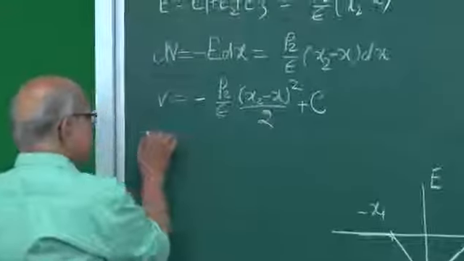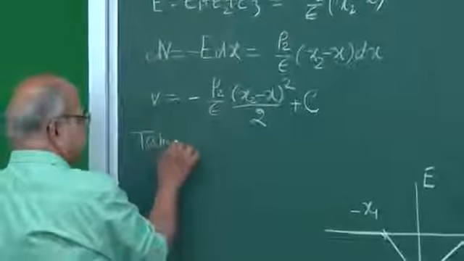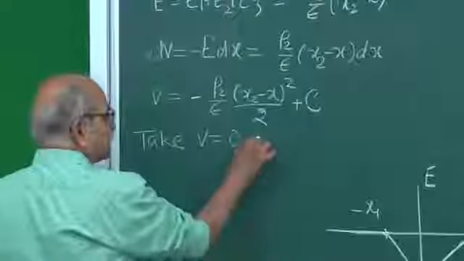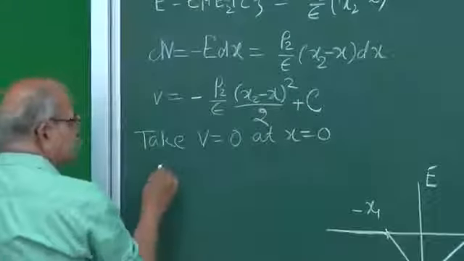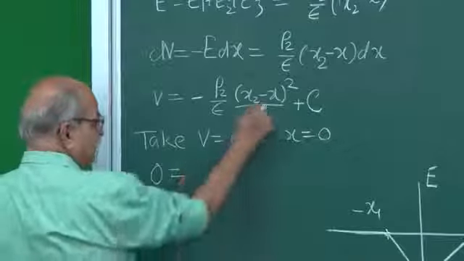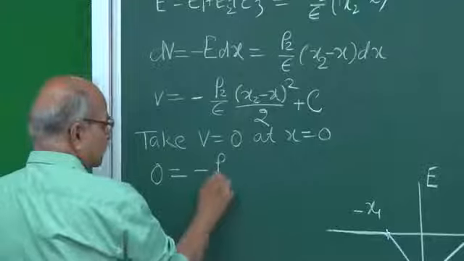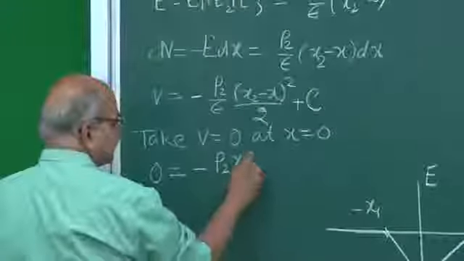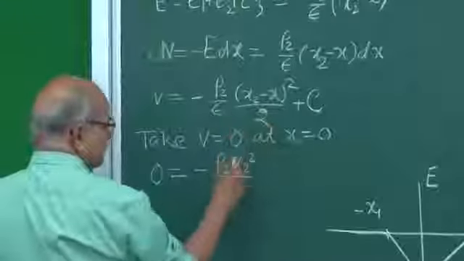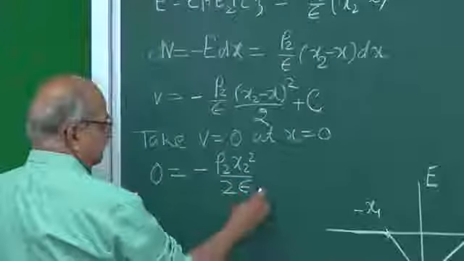So, take V equal to 0 at x equal to 0, and then you get 0 is equal to minus rho 2, with x is 0, so x2 square divided by 2 epsilon plus c.